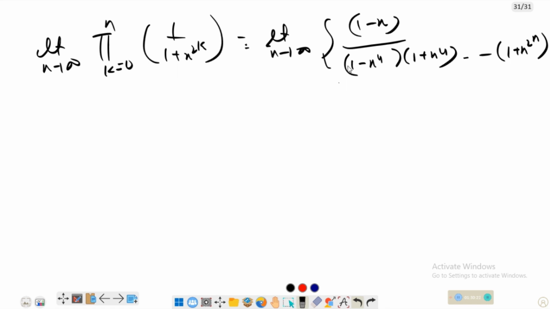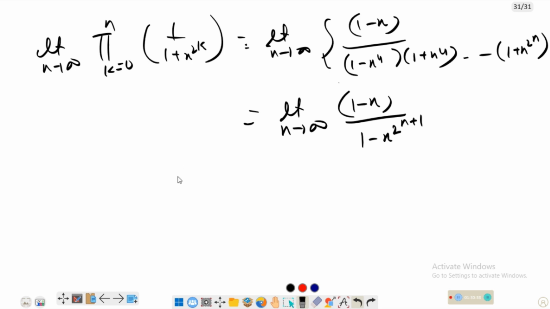Okay, this is basically using this process a minus b, a plus b, we come to that point 1 minus x to the power 2 to the power n plus 1. Okay, so we need to calculate I like that.